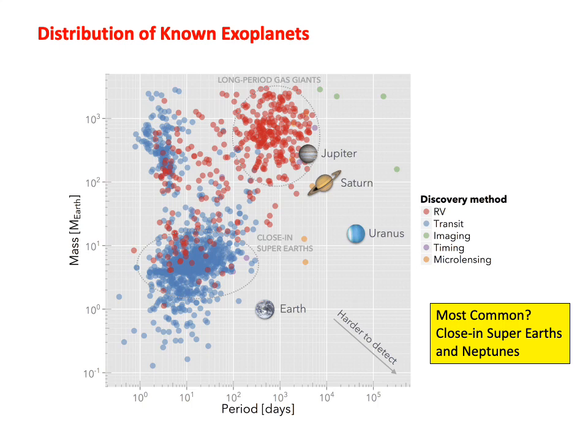But what I want you to walk away with here is that so far, even accounting for our selection methods, where some pick up different planets, the transit method has definitely shown us that most of the planets we've been able to detect with it are close to their stars, and they are pretty much what we call super Earths.